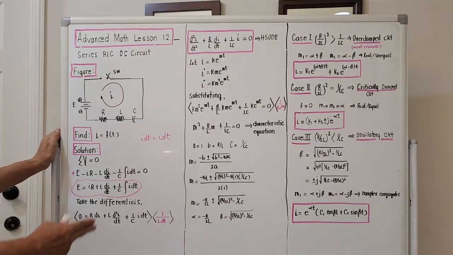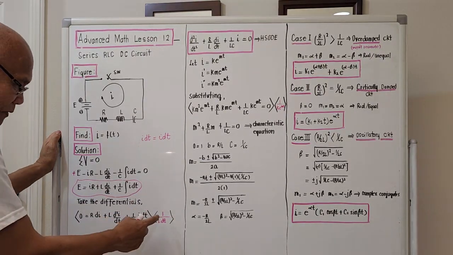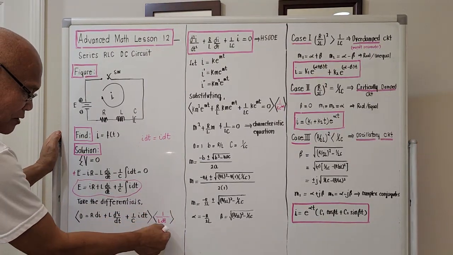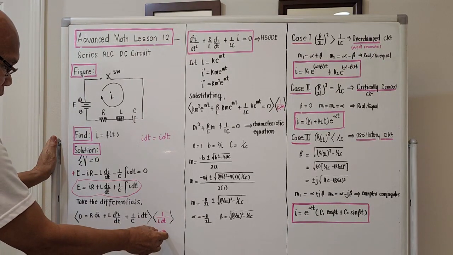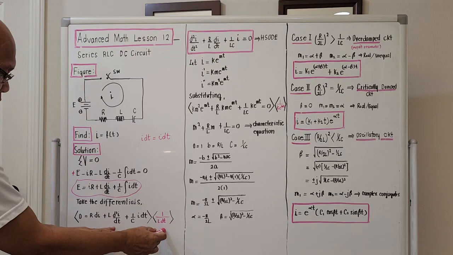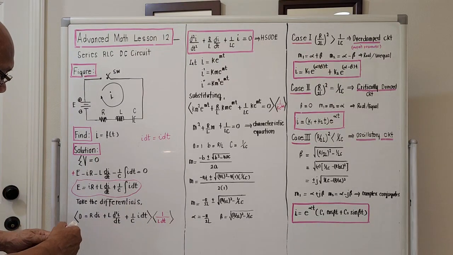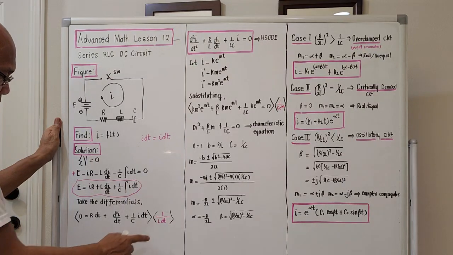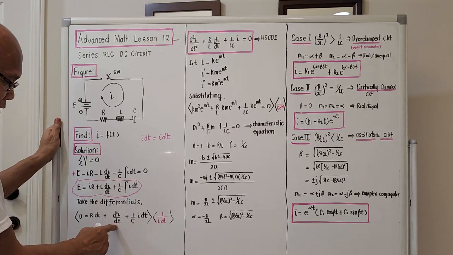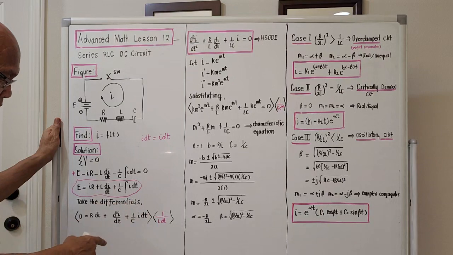Simplifying this, we will multiply all the terms by the value 1 over L times dt. Going first to the second derivative, the L here will disappear, and the dt here goes with this, so dt now will be dt squared.